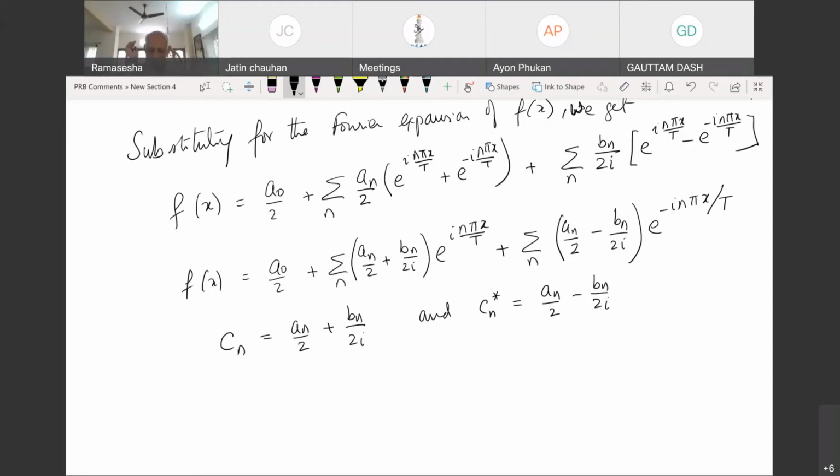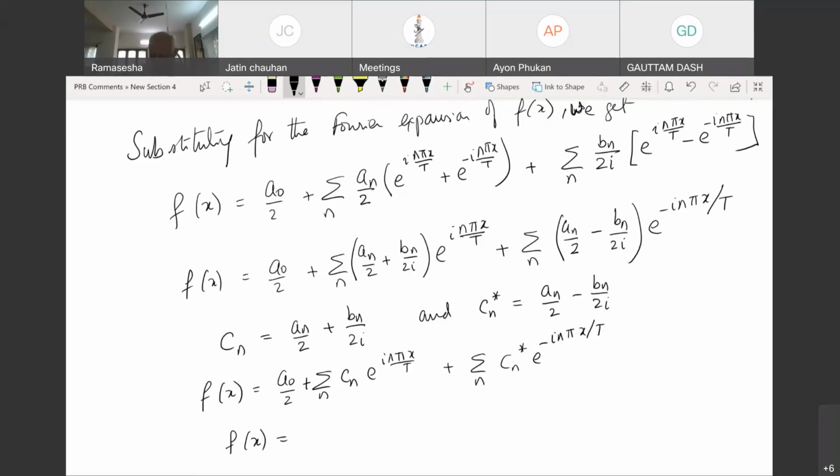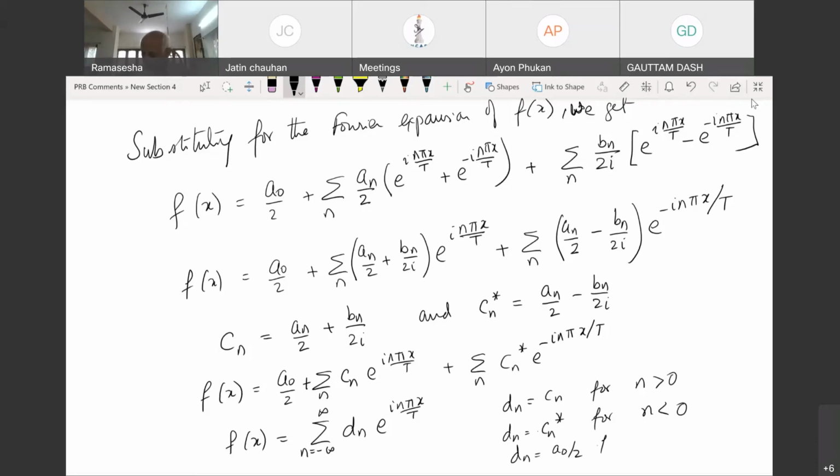So that I have f of x equal to a naught by 2 plus sigma over n of C n e to the i n pi x by T plus sigma over n of C n star e to the minus i n pi x by T. Or I can just write it as f of x equal to the sum over n from minus infinity to plus infinity of d n e to the i n pi x by T, where d n is equal to C n for n greater than 0, d n equal to C n star for n less than 0, and d n equal to a naught by 2 for n equal to 0.